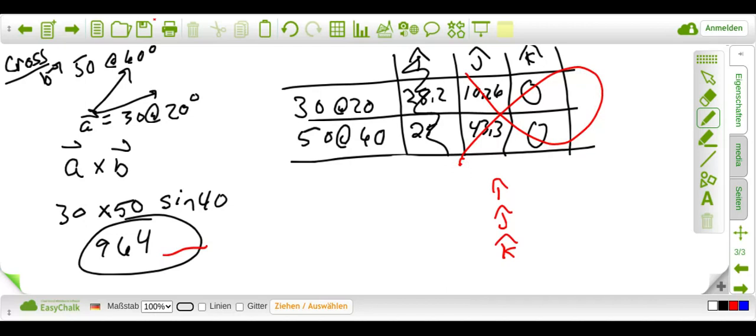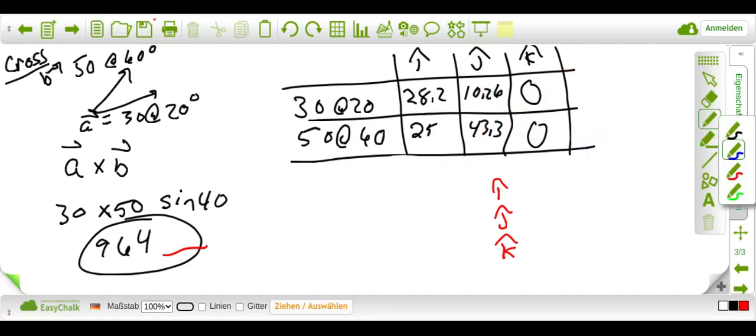So what we'll do is we will take the first direction, which is down this way, and we'll multiply them together. And then we'll take our second direction, which is down this way, and we will multiply them together, and we'll subtract the second from the first. So it'll look something like this. In this case, it would be 10.26 times 0 minus 0 times 43.3.